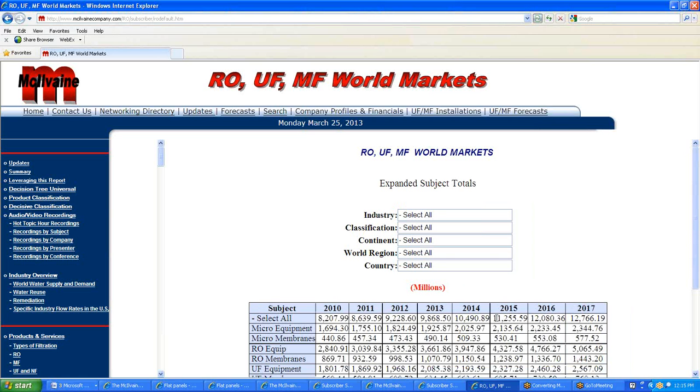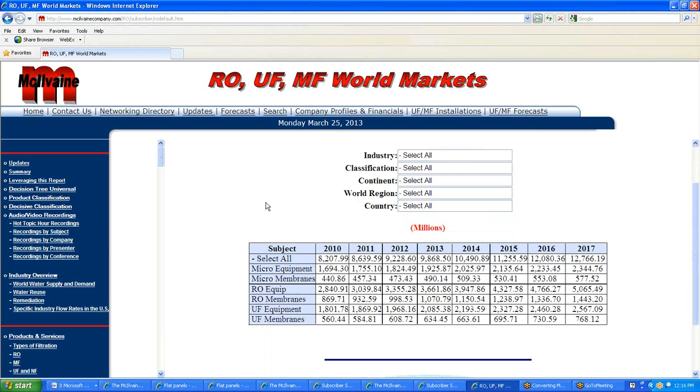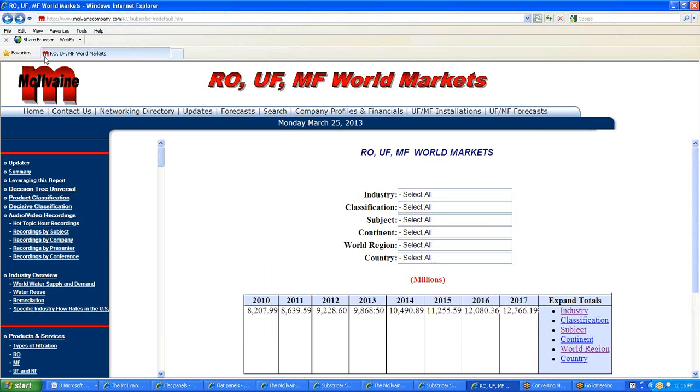So you can go to just the membranes themselves, or the micro equipment, or the RO membranes, or the RO equipment in any country, in any industry. So it gives you both the consumables and the hardware in all these different ways.